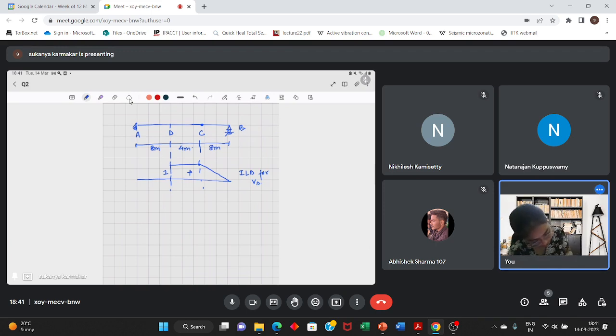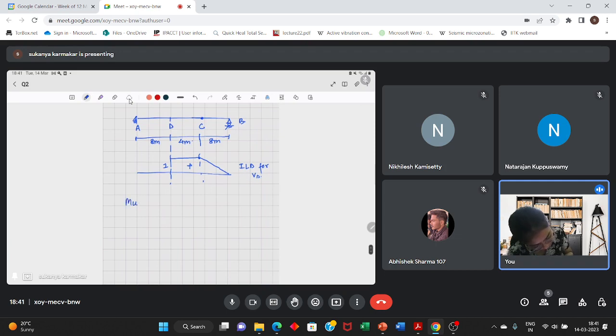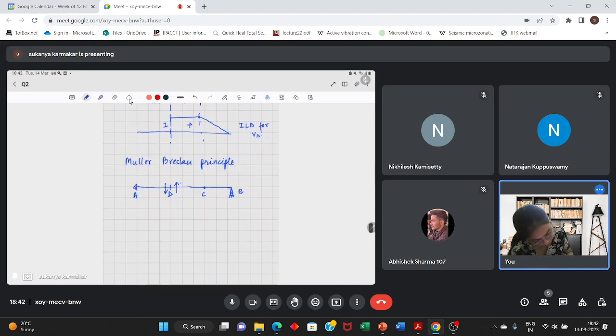So from the Mueller-Breslau principle, if this is the beam here, you are allowing the sliding here.